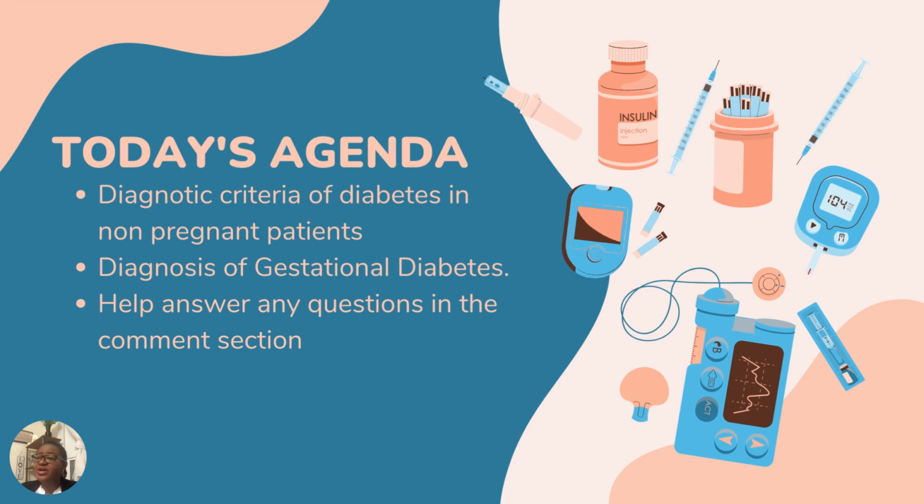Like I explained to you guys in the last video, gestational diabetes is diabetes in pregnancy. So for women that are pregnant between 24 to 28 weeks of pregnancy, if they're having some of these criteria, they can be diagnosed with gestational diabetes. We shall be talking about this criteria.